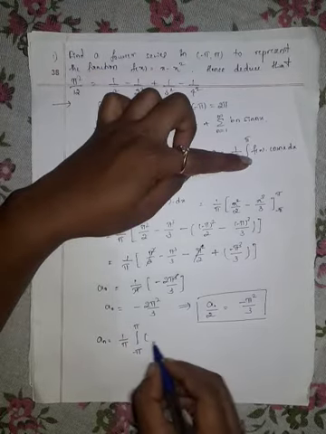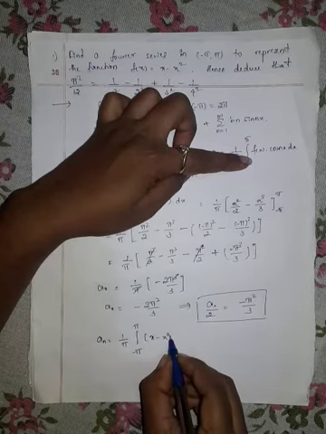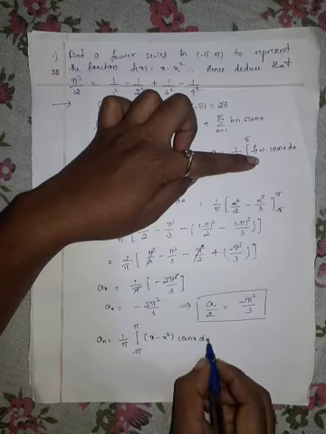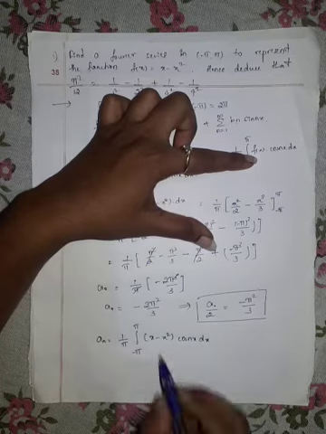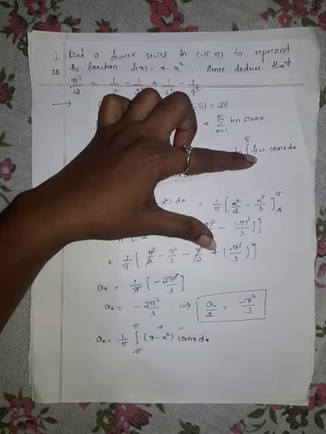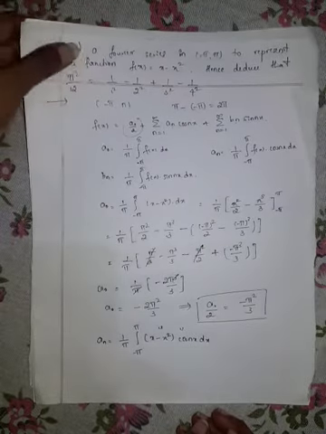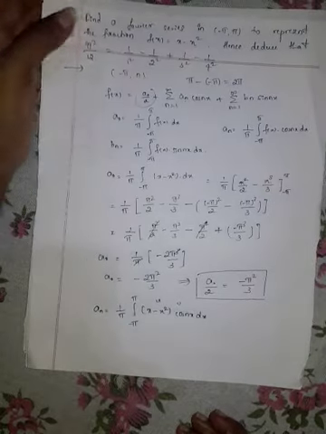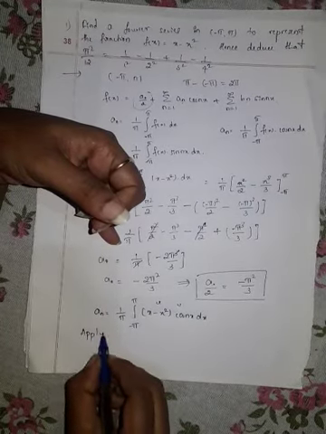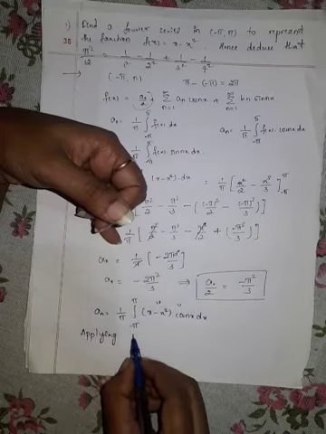What is our f of x here? x minus x square into cos nx dx. Now you can see here, this is in the form of u into v. So if it is in the form of u into v, we have to apply Bernoulli's rule here. So applying Bernoulli's rule.